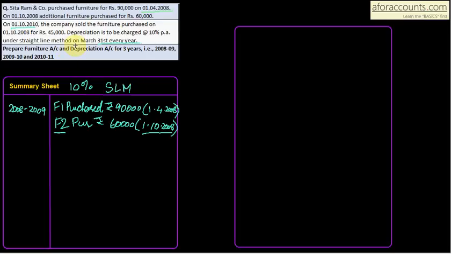On 31st March every year, prepare furniture account and depreciation account for 3 years: 2008-09, 2009-10 and 2010-11. We don't have any transaction during 9-10, so write no transaction.